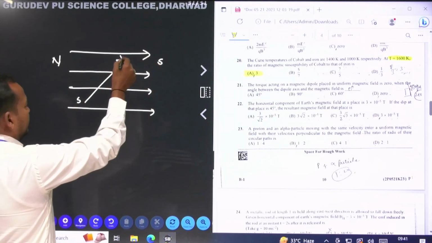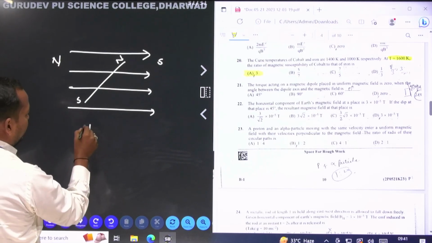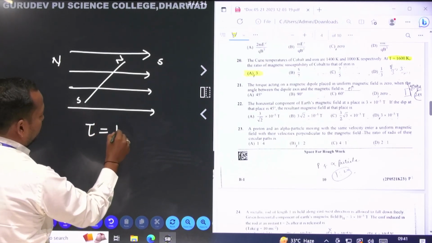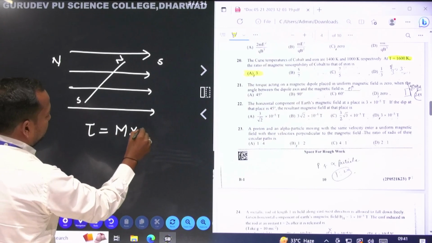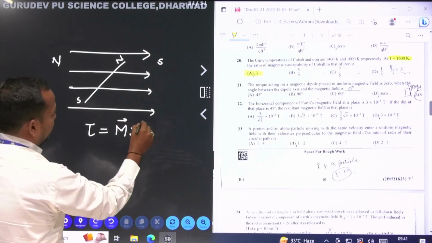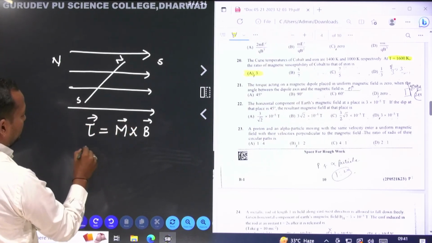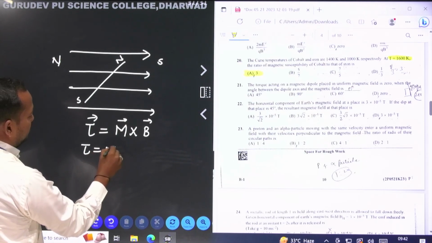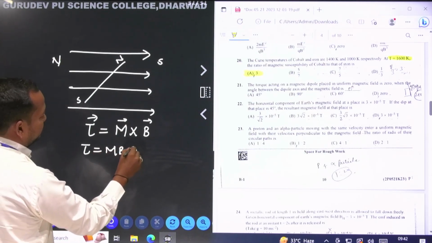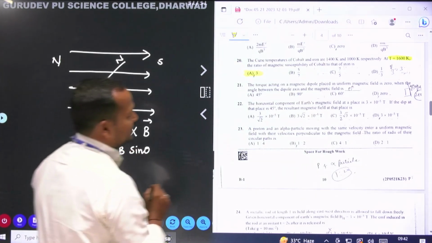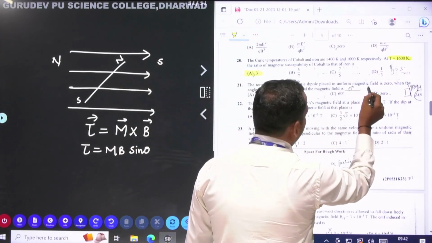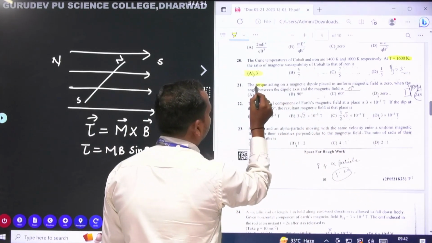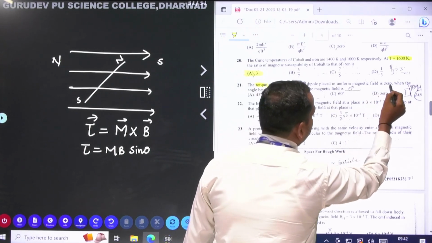Now the formula for torque is M cross B, which can be written as torque equals MB sin theta. In the question they are telling us that in the uniform magnetic field this torque is 0.